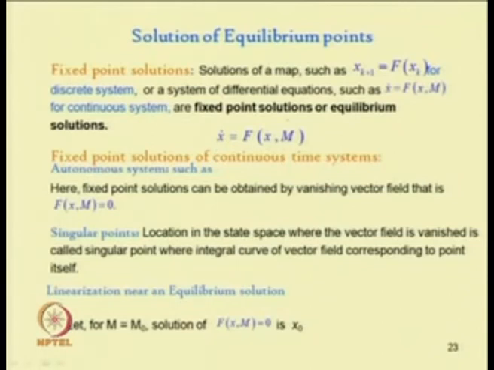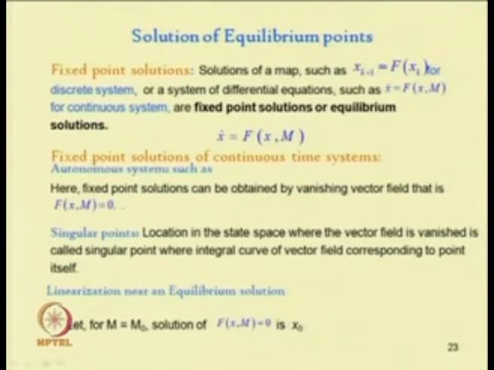Either we can have an autonomous system. In case of the autonomous system, we can write f(x, m) equal to 0. In this case the time term will not be explicitly present in the system. For the fixed point response, we can find it by putting x dot equal to 0 and solving the equation f(x, m) equal to 0.